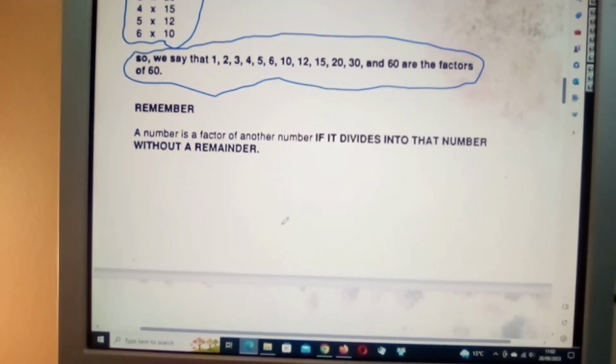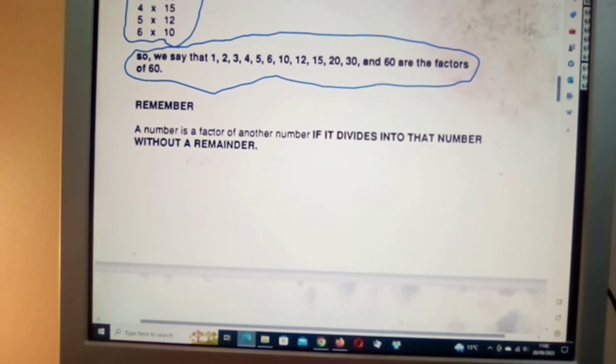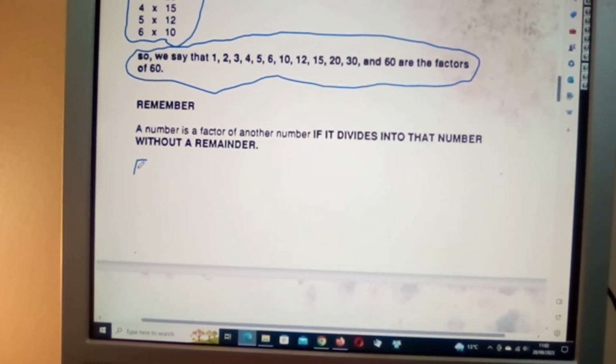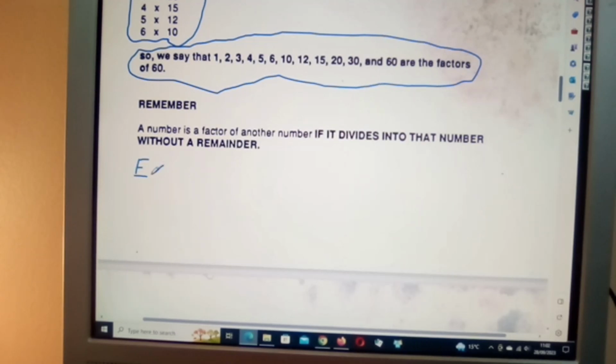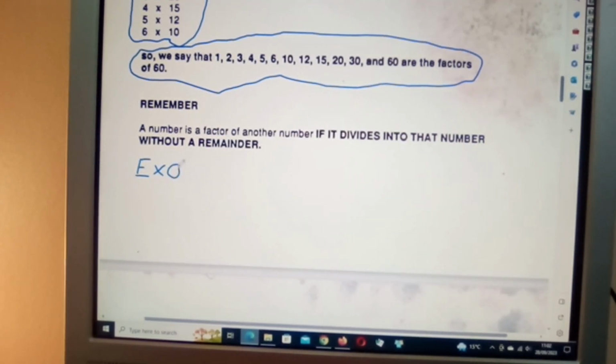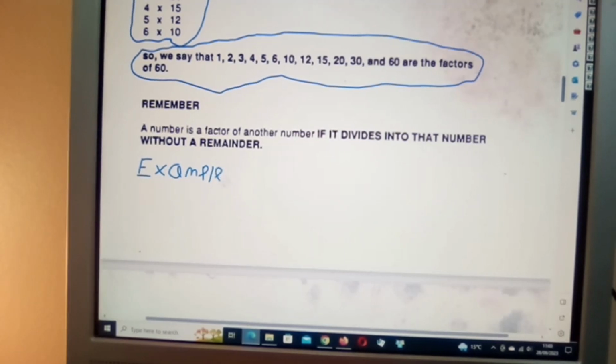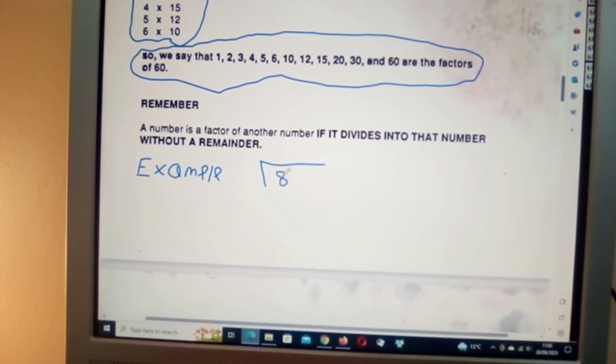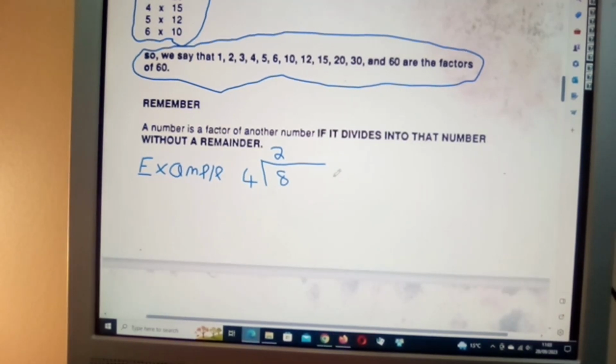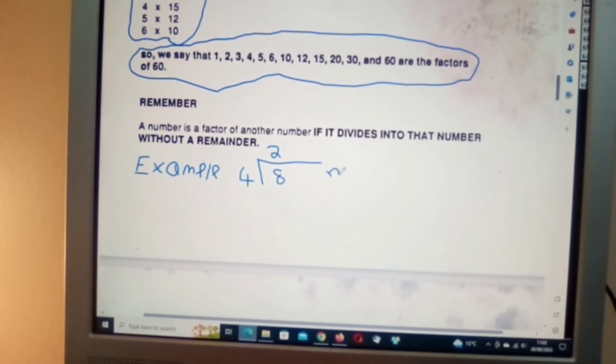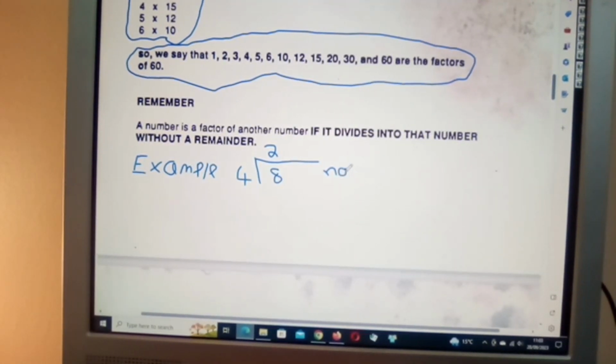So, for example, let me just put here, example, we can say 8 divided by 4. 4 into 8 goes twice. Okay, there's no remainder.